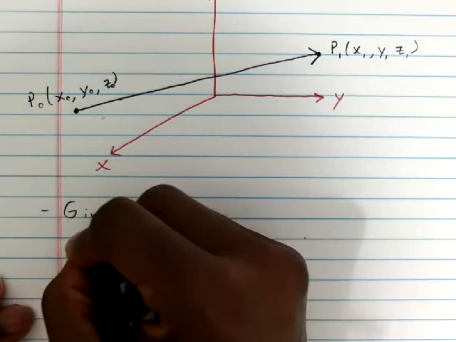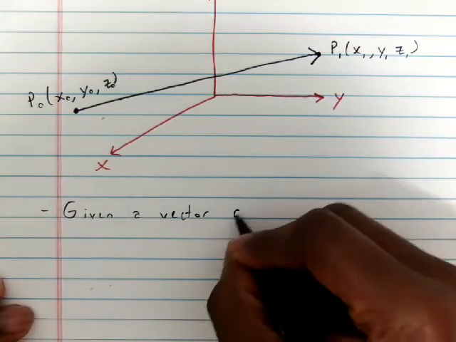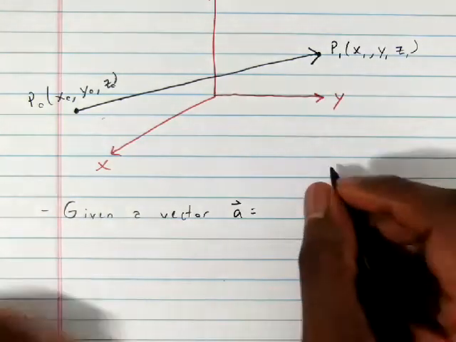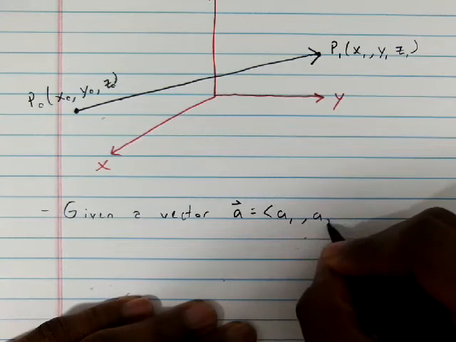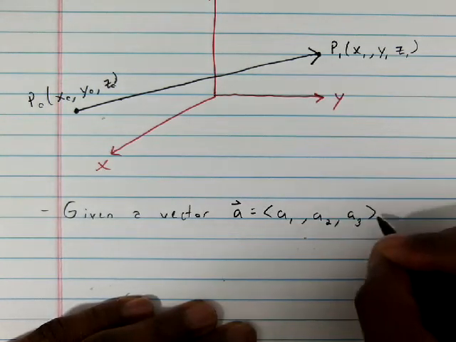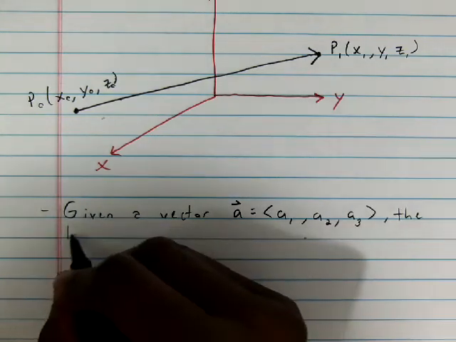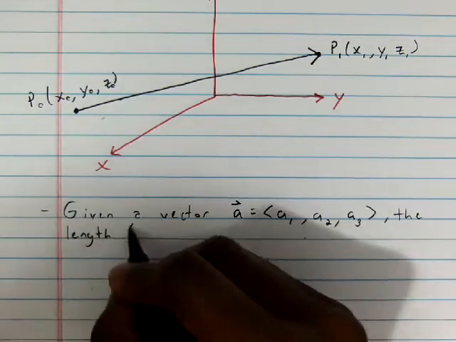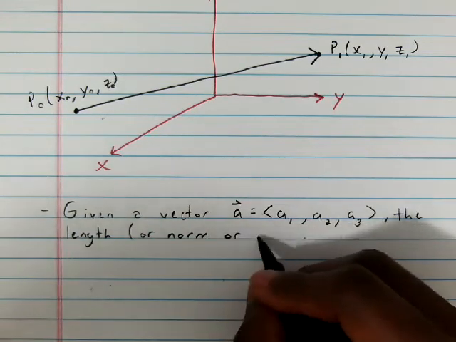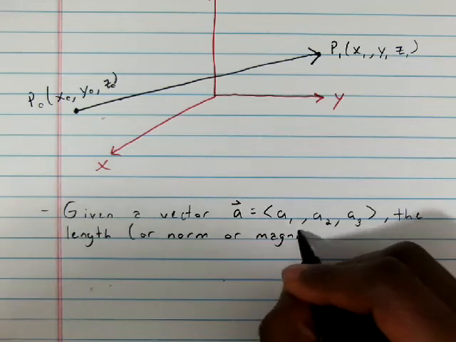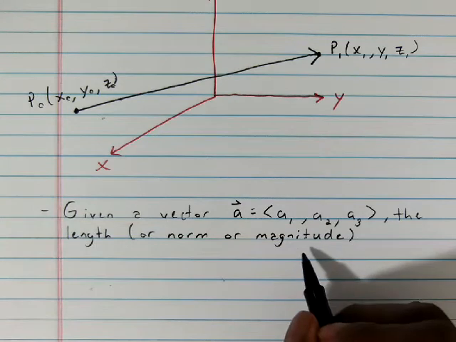Given a vector A with components A1, A2, and A3, the length, or norm, or magnitude of A. You'll rarely hear me use the term norm, but I will use magnitude a lot.